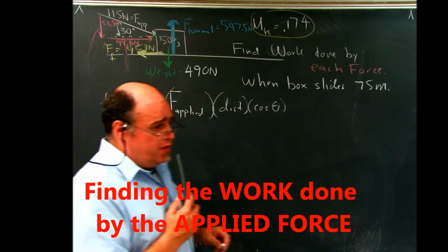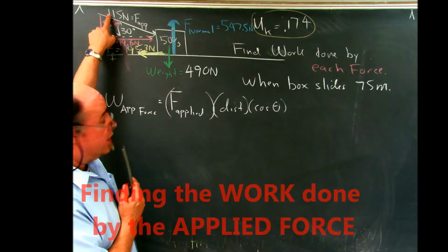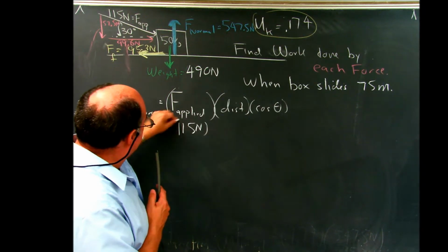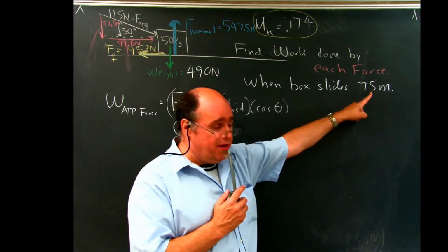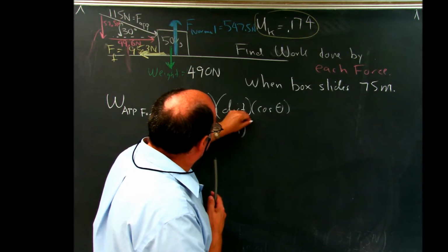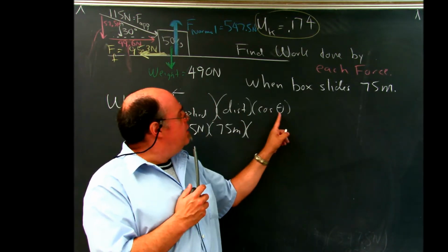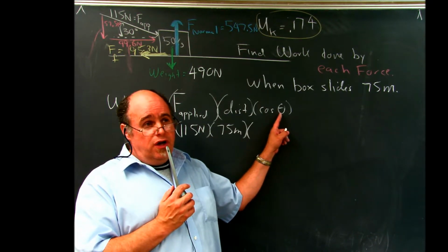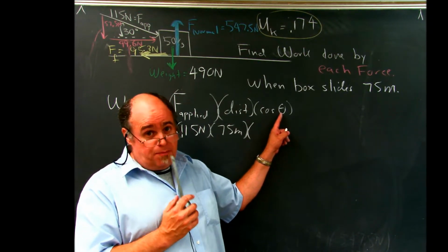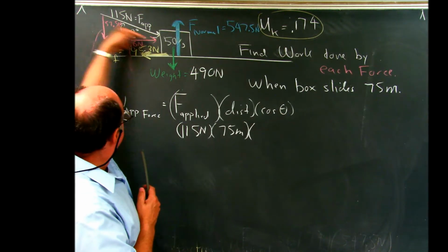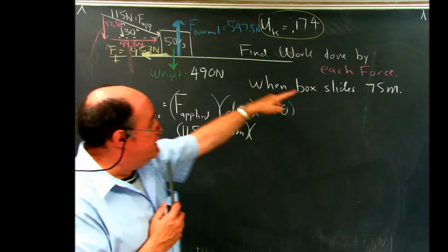In this particular case, the applied force is 115 newtons. The distance it's moving is 75 meters across the floor. And the angle is the angle between the direction of motion and the direction of that particular force. That force is pointing this way, and the direction of motion is going to be this way.